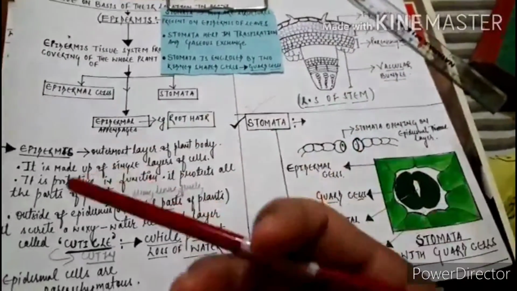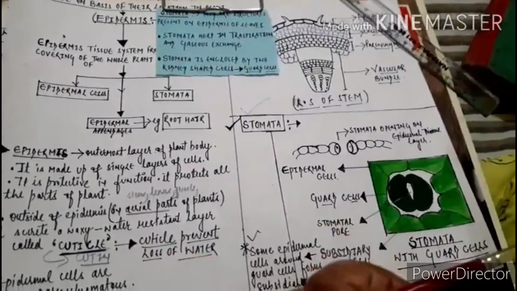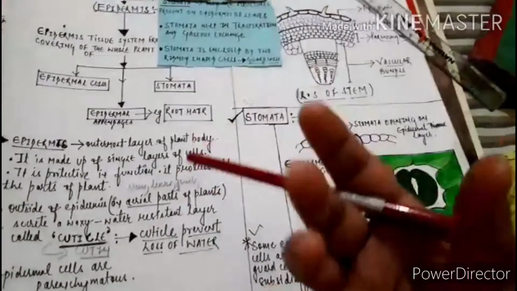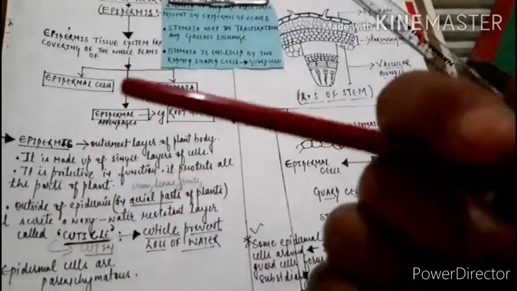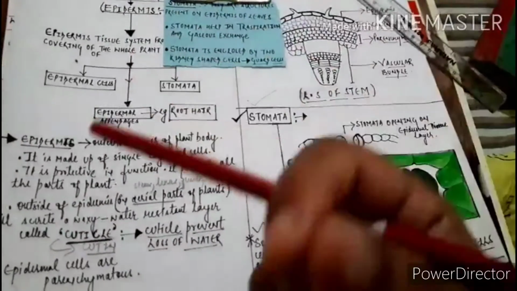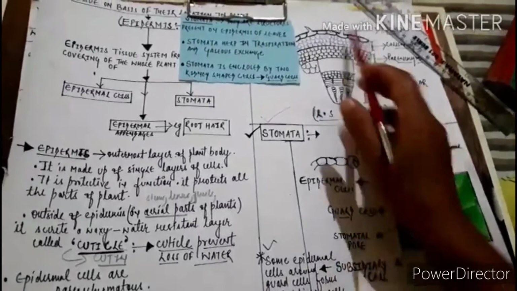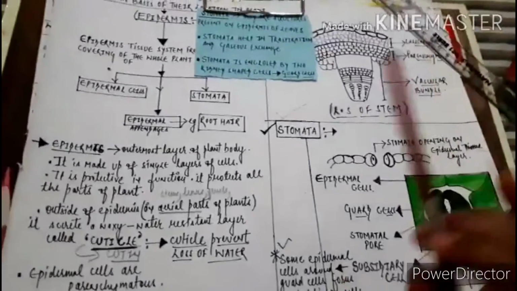If you see some plants, for example bichupoti, some stems or leaves have hair like structures on them. If this hair like structure is present on the stem, it is called trichomes. It is not given in your book, just for your knowledge.